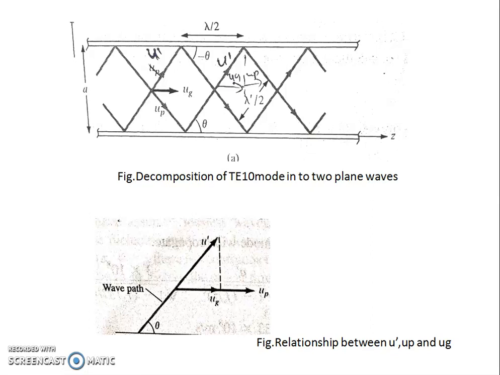And here we are considering the TE10 mode. So why do we choose the TE10 for an example? Here the TE10 mode has the lowest cutoff frequency, and so it is known as the dominant mode in microwave communication. All other modes have higher cutoff frequencies.